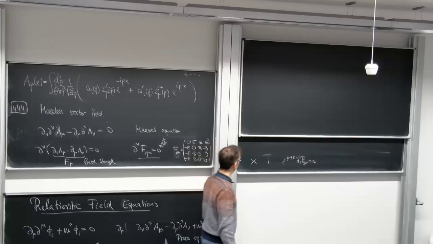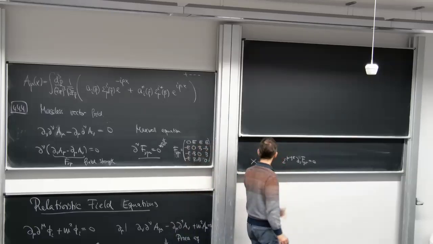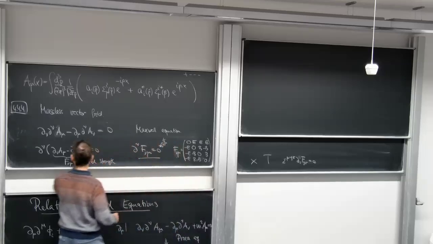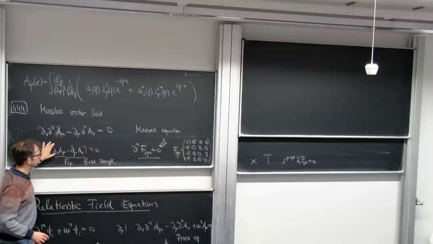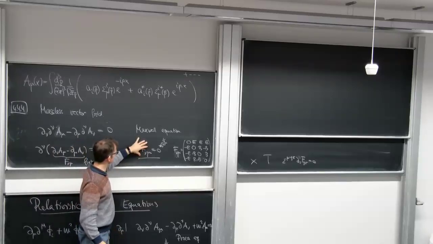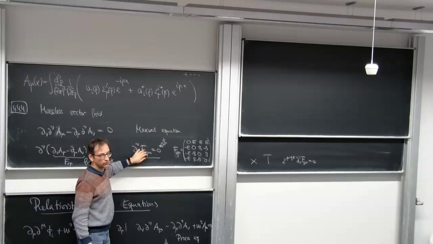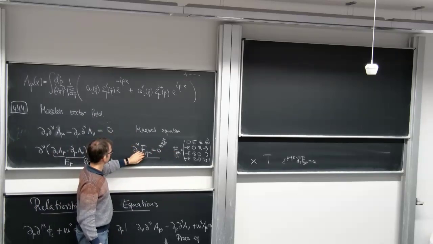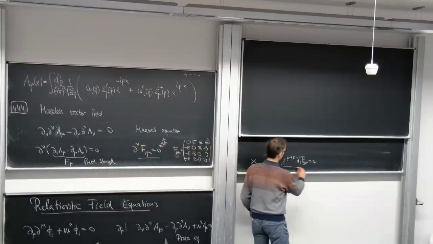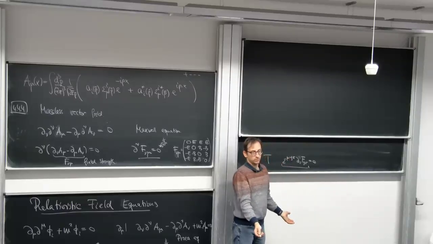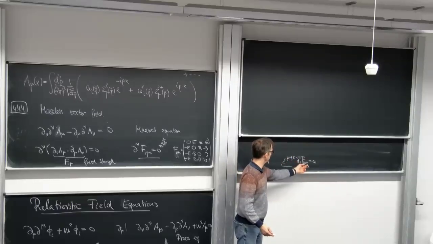And the reason why this is true is the fact that the F was written like this. So here, this could be any old F that is antisymmetric, but it doesn't have to be the antisymmetric derivative of some A. So if I just have an antisymmetric F, then this combination isn't zero. It's the derivative of this antisymmetric thing, antisymmetrized with this extra index.